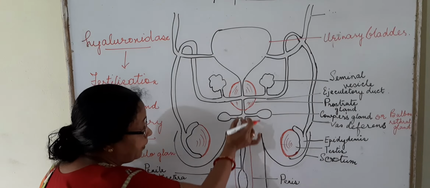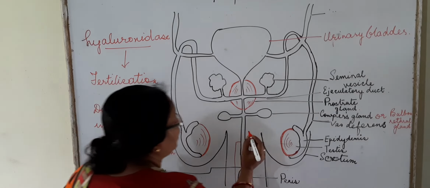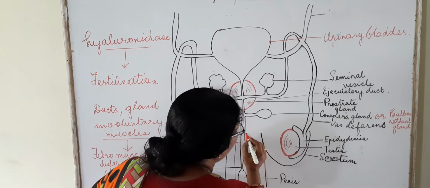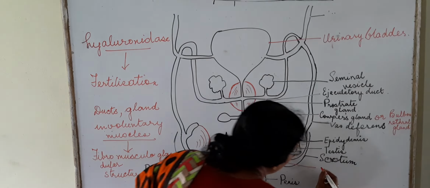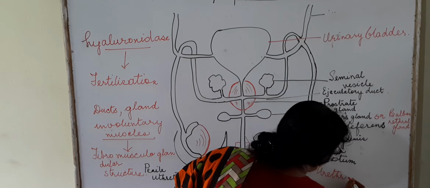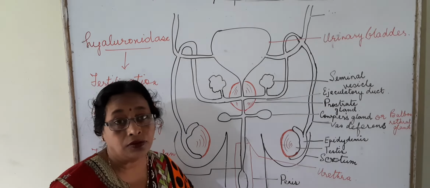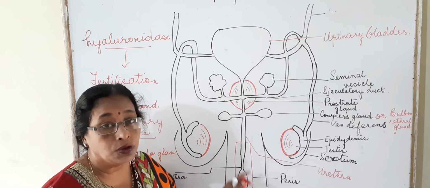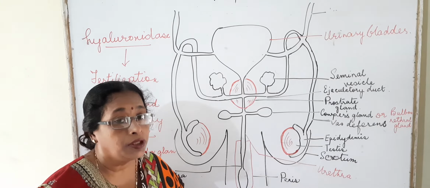There is a common passage of urine and the semen, which is known as the urethra. This is a long tube-like structure, a common passage of urine and the seminal fluid.